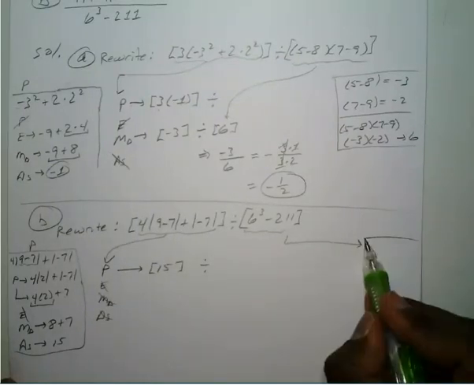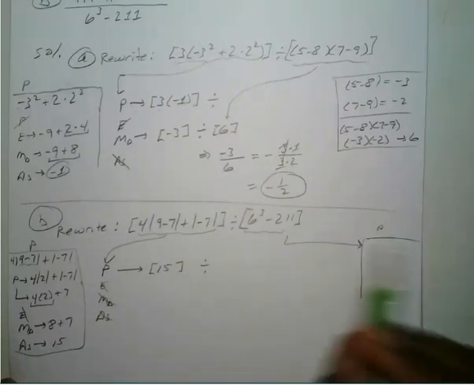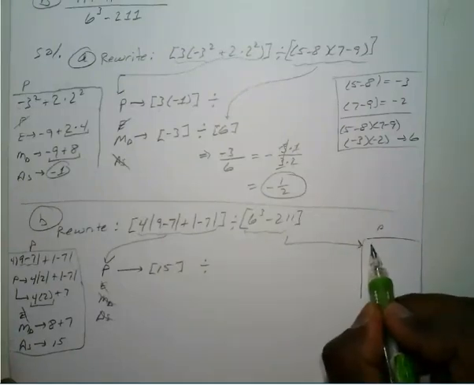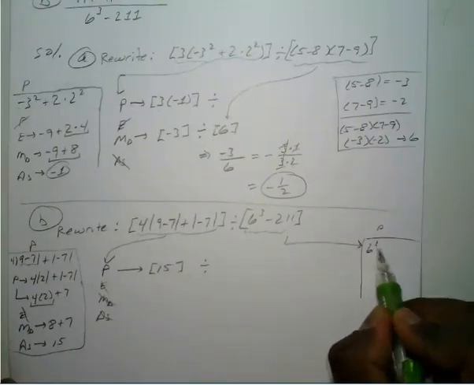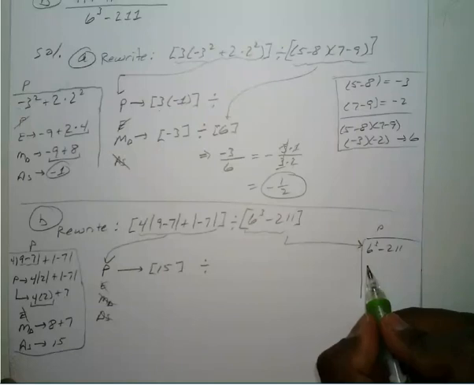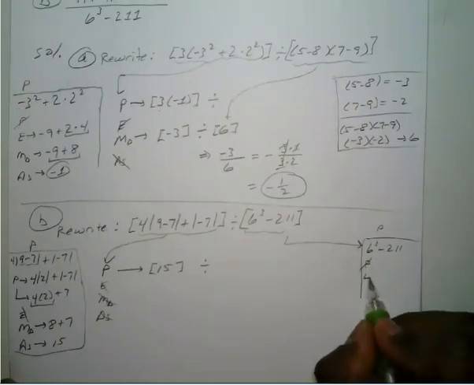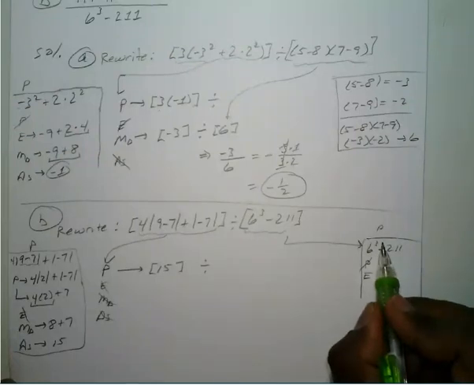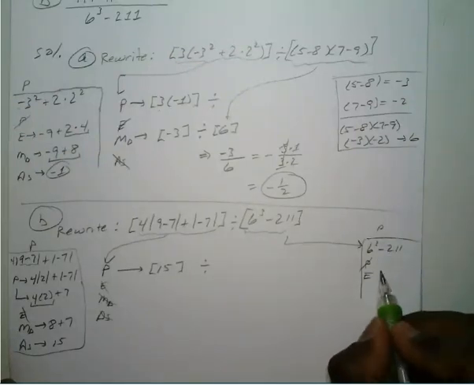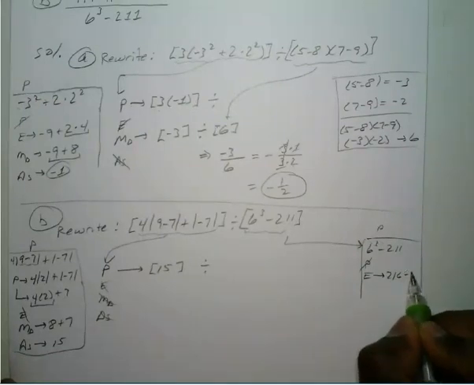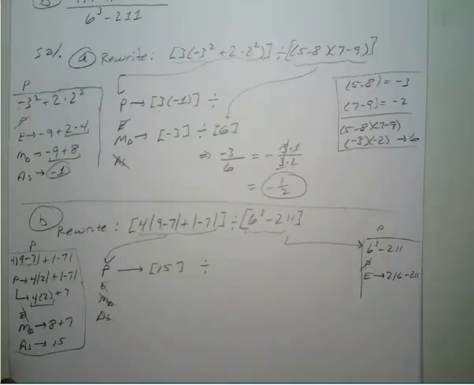We're going to do our order of operations for that. Okay, so you have 6 to the third minus 211. You don't have any parentheses, so you can cross that out. We have exponents, so 6 to the third power is 6 times 6 times 6, which is 216, minus 211.